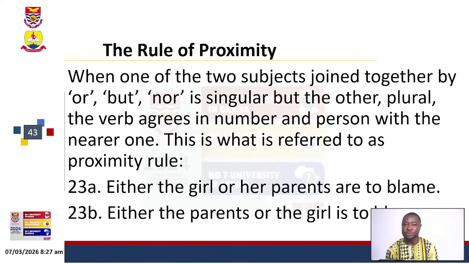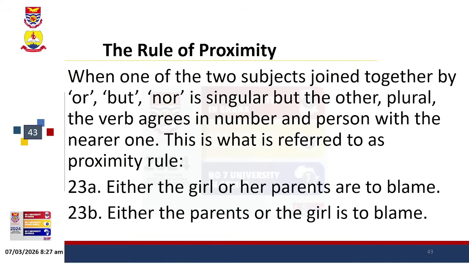When one of the two subjects that are joined, as we saw earlier, like my uncle and my father, they are joined by or, but, or nor. One is singular and then the other is plural. That's a complex situation. We are saying that the verb you choose will depend on the noun or the subject that is closer to the verb.